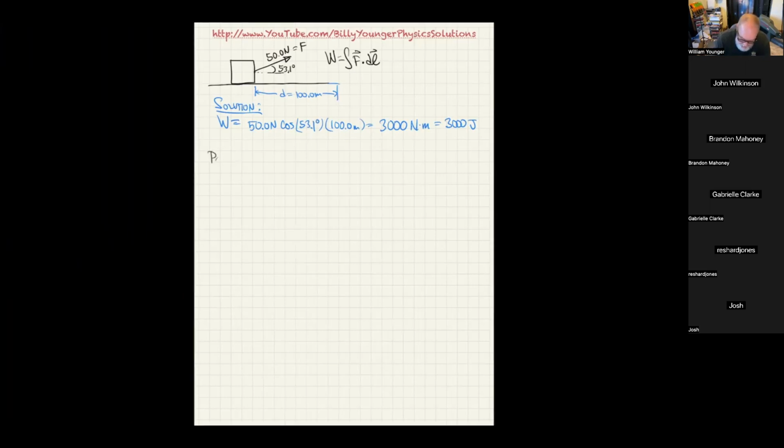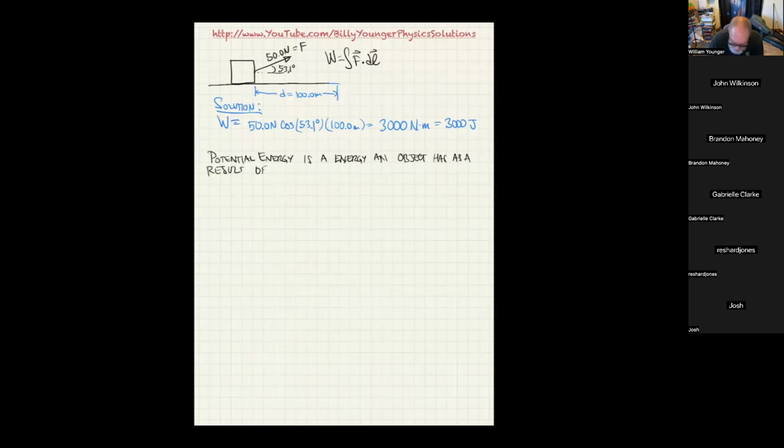Potential energy is an energy an object has as a result of its position.